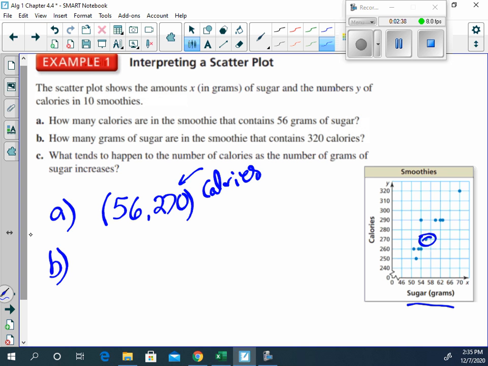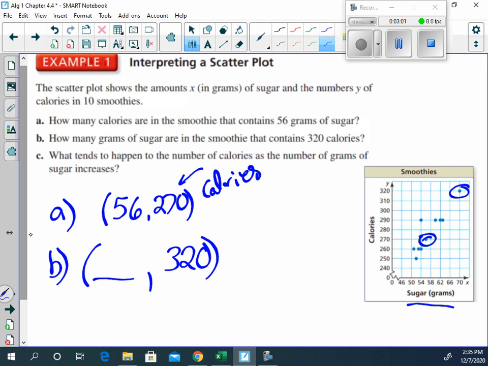How many grams of sugar, so it doesn't give us the X value, does a smoothie contain that has 320 calories? Well, that's our Y value. So 320 calories, well, there's only one point at 320, yes? Well, how many grams of sugar would it have?